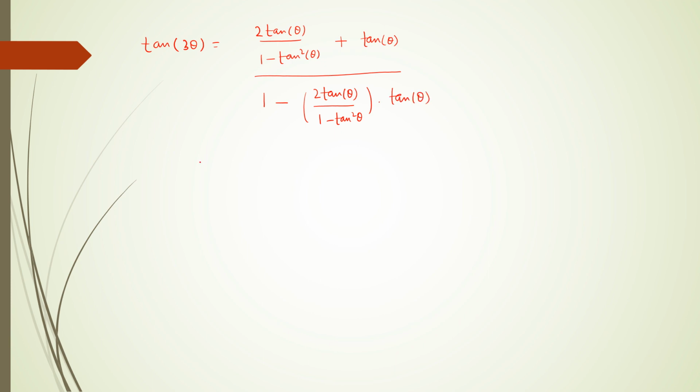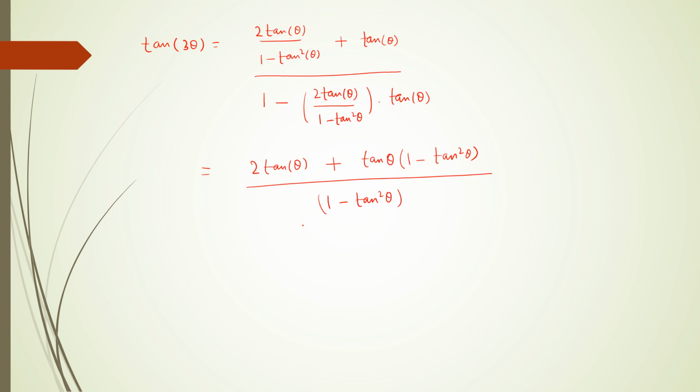So now let's solve it. We will take the LCM of it. So we will multiply the LCM here: 2 tan theta plus tan theta multiplied by 1 minus tan square theta, divided by the LCM, which would be 1 minus tan square theta.